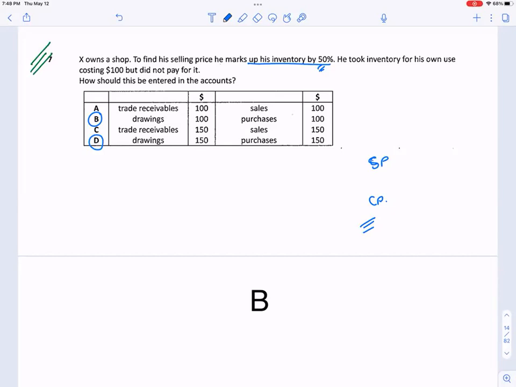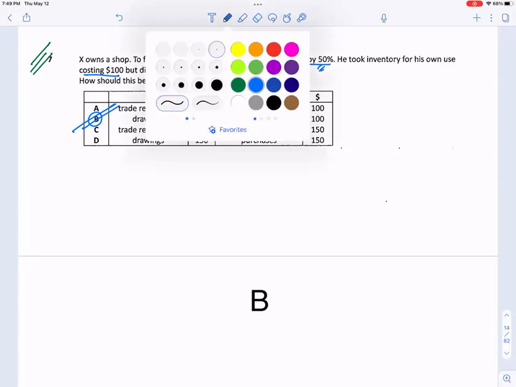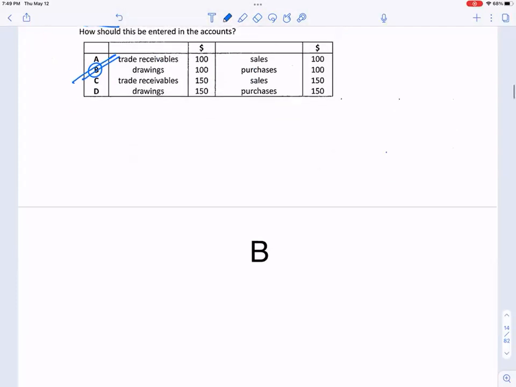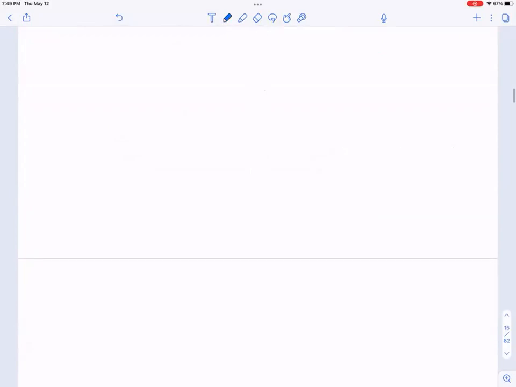Miss, he'll take it at cost price only. Cost is 100, so the answer is B. Also because he won't pay for it, the inventory won't be marked up. The owner will take away goods from his own factory at cost price only.